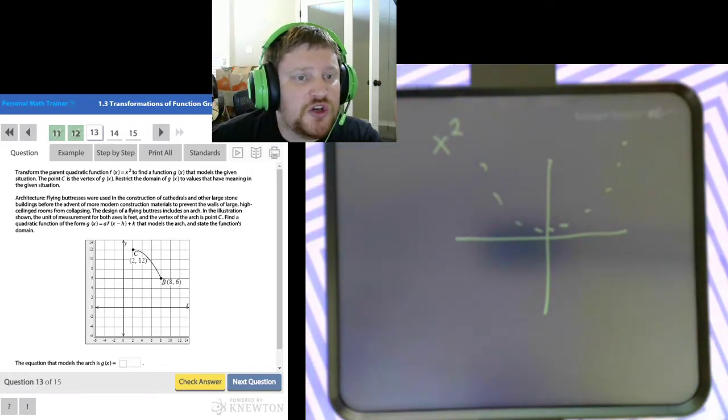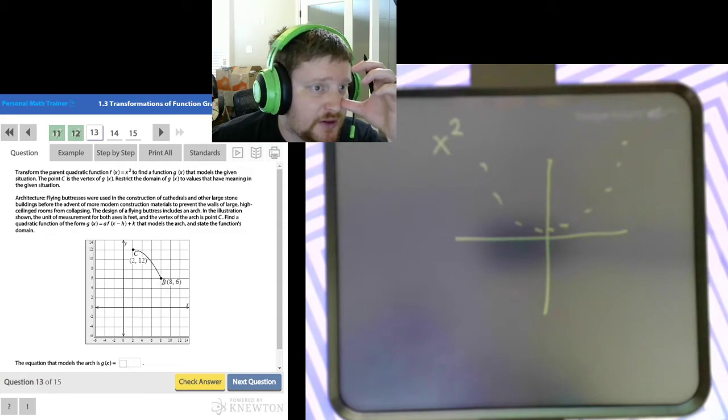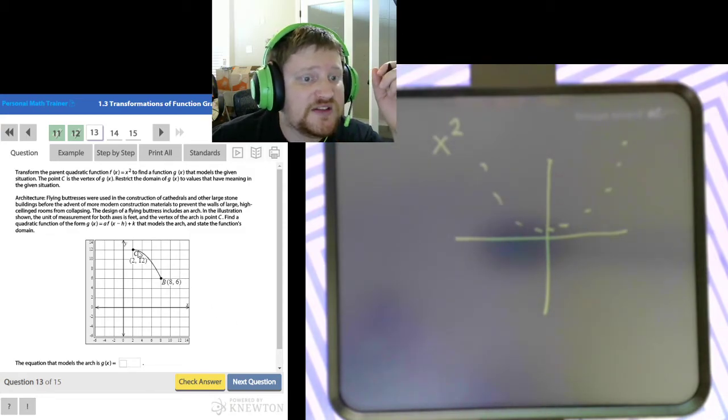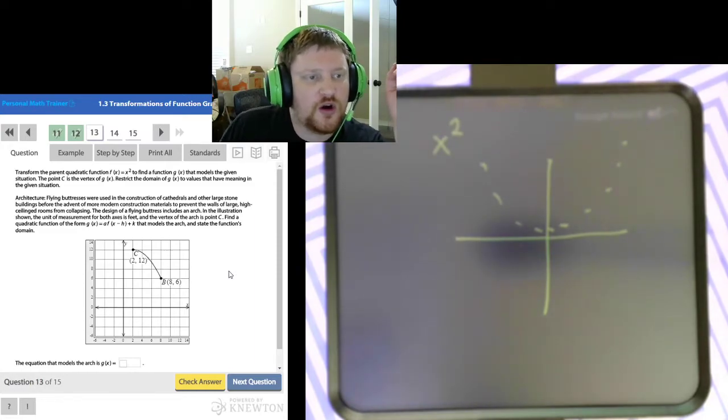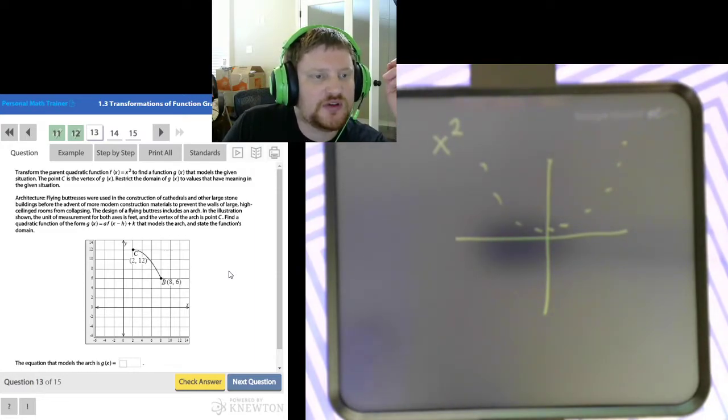Find a function g of x that models the given situation. Point C is the vertex of g of x. Restrict the domain of g of x to values that have meaning in the given situation. Flying buttresses were used in the construction of cathedrals and other large stone buildings before the advent of more modern construction materials to prevent the walls of large, high-ceilinged rooms from collapsing.